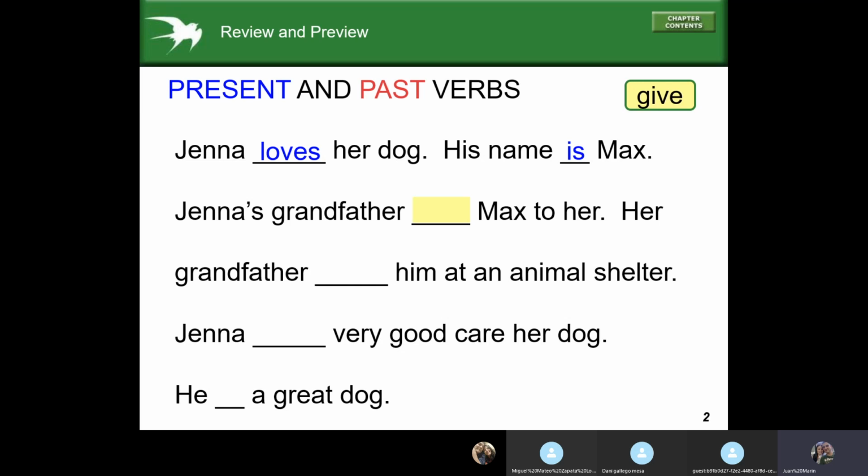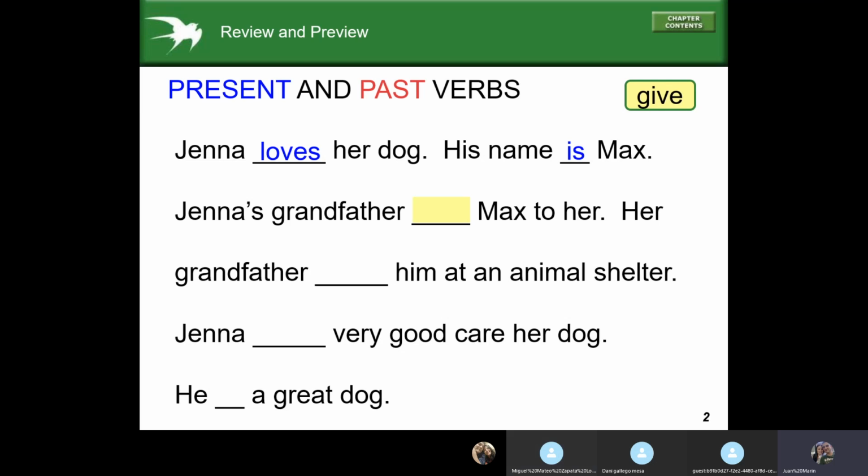Okay, now Gina's grandfather, and the verb here is give. And Gina's grandfather gives Max to her.